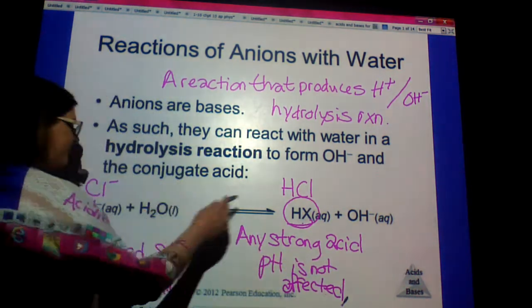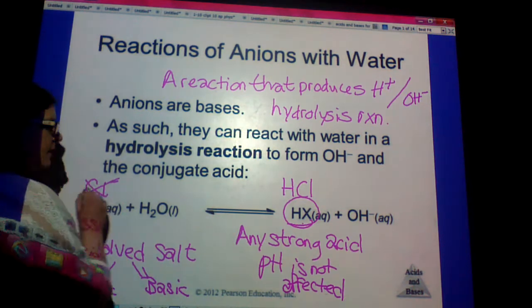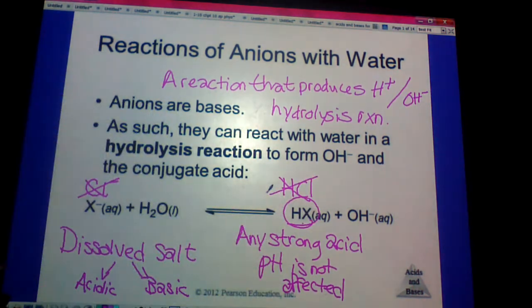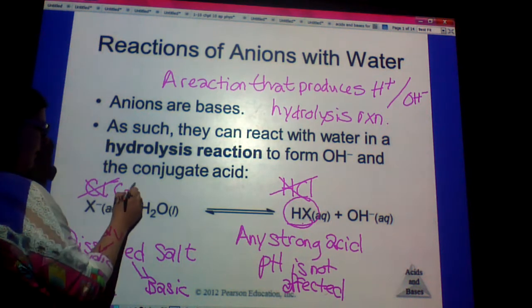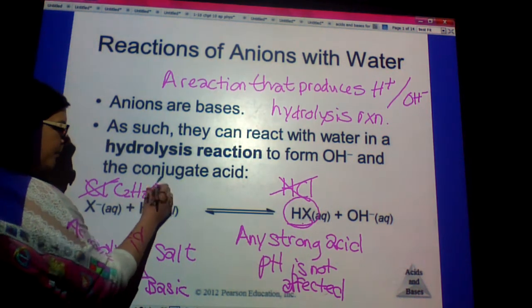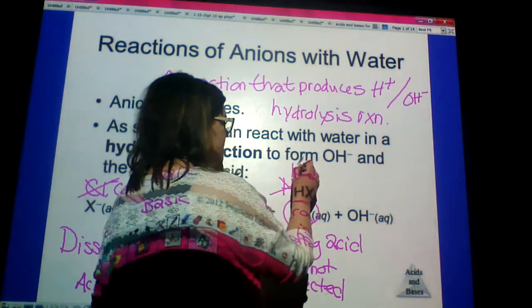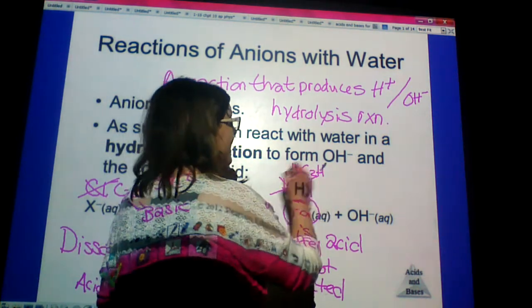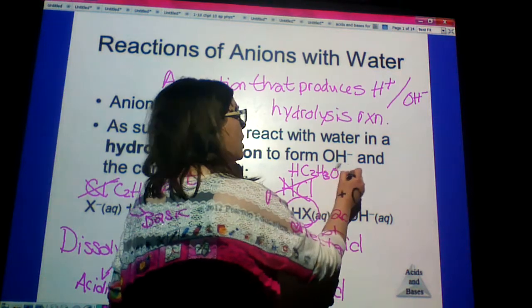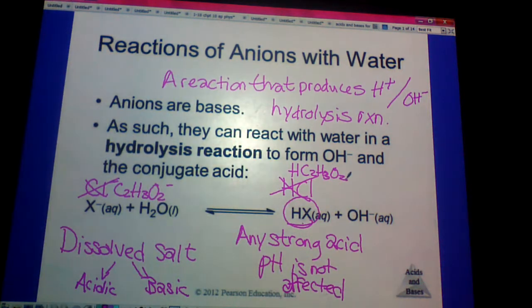So if this is, instead of Cl minus and then HCl, let's just say that this is the acetate ion. So now we have C2H3O2 minus. So that means the conjugate acid here is going to be acetic acid, HC2H3O2. And I know that's a weak acid.